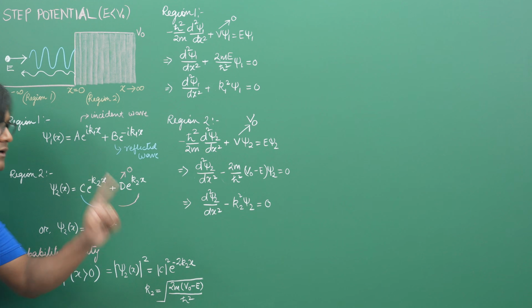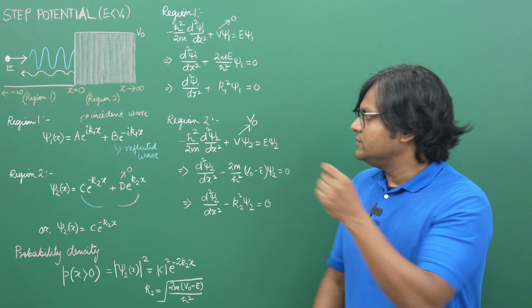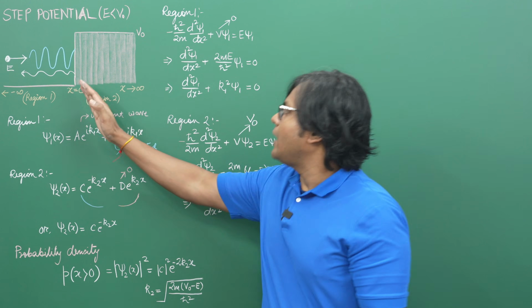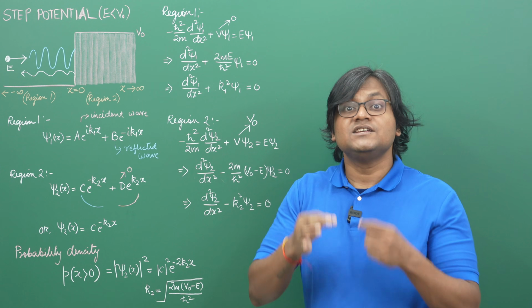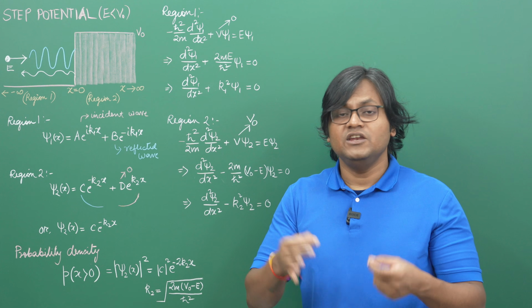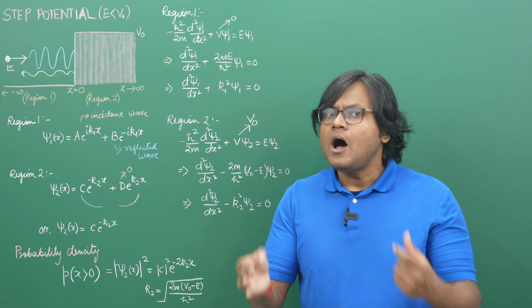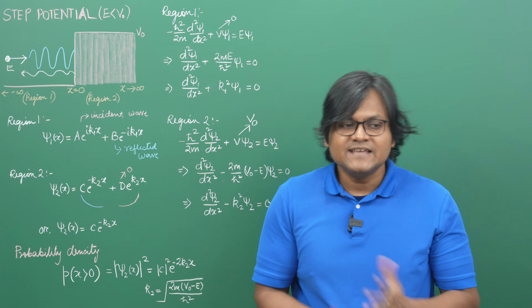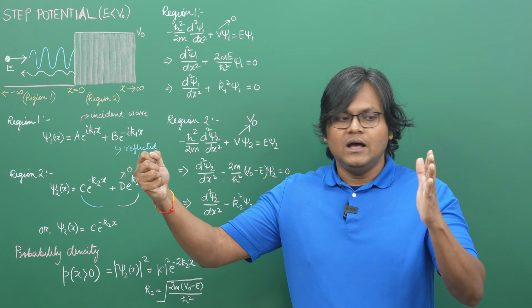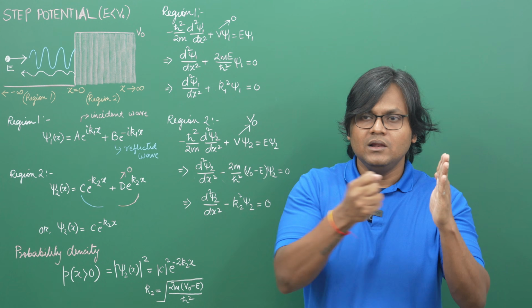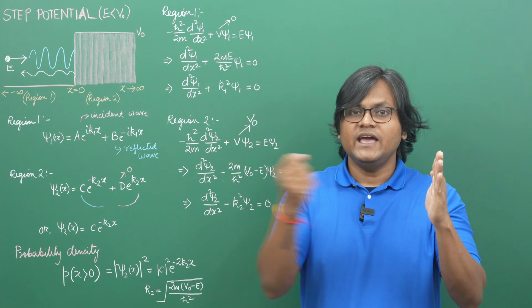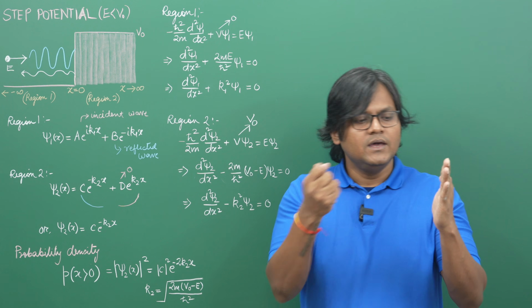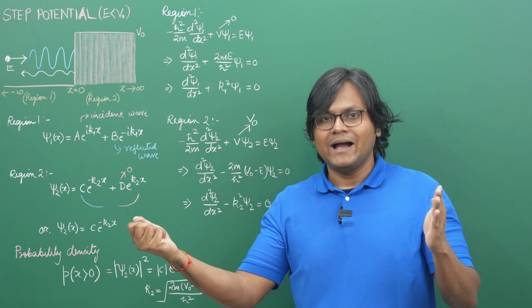So clearly, number one, the particle doesn't have zero probability in region number 2. It has a non-zero probability of existing in region number 2, which is in sharp contrast to what we expect in classical mechanics. In classical mechanics, if a ball is approaching some kind of a wall with a certain amount of energy, if the energy is not sufficient, it will simply bounce back, right?